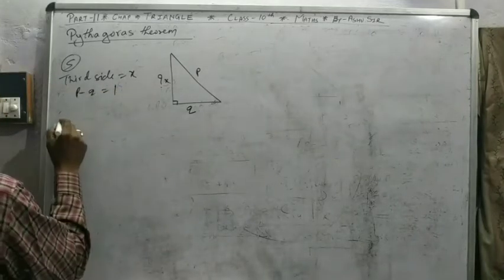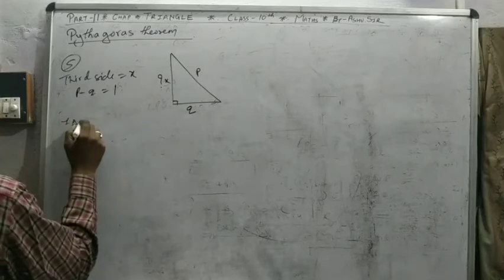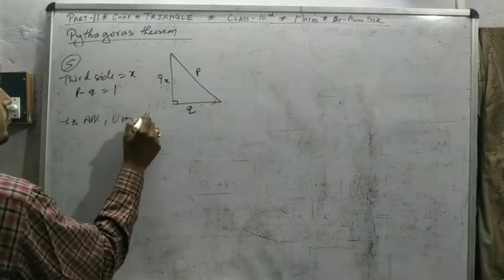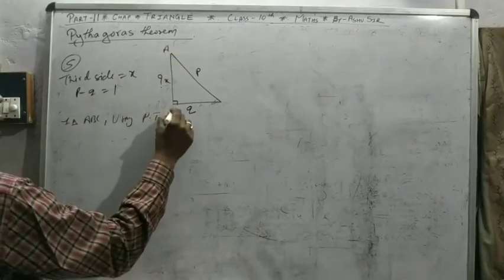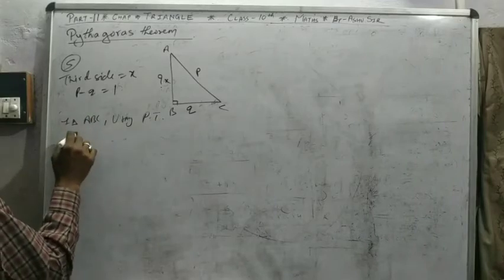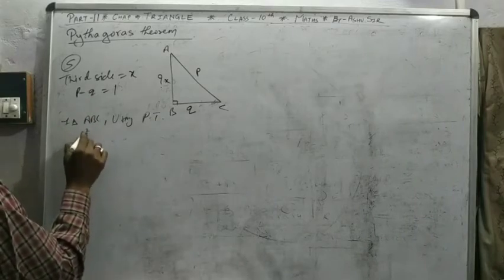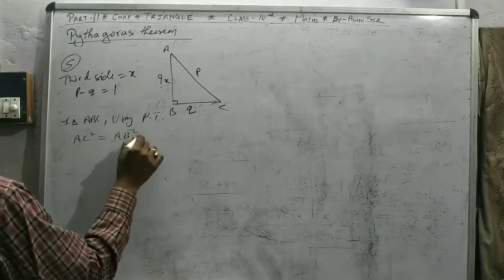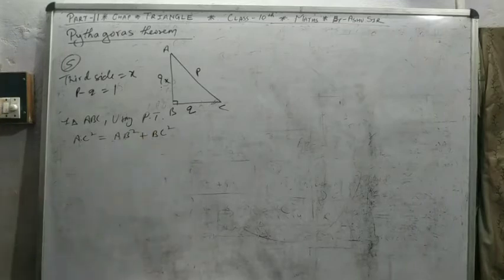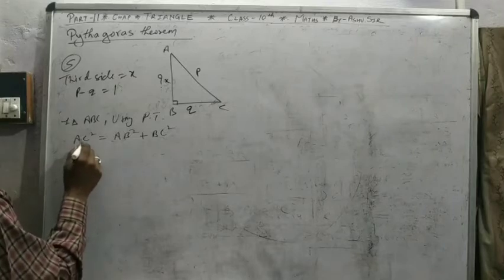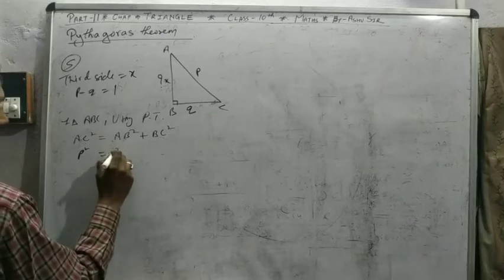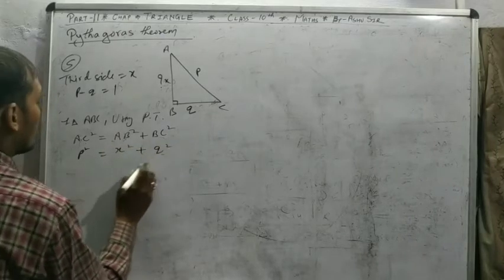So, in triangle ABC, using Pythagoras theorem, what's the theorem? AC square is equal to AB square plus BC square. AC is P, so P square; AB is X, so X square; BC is Q, so Q square.